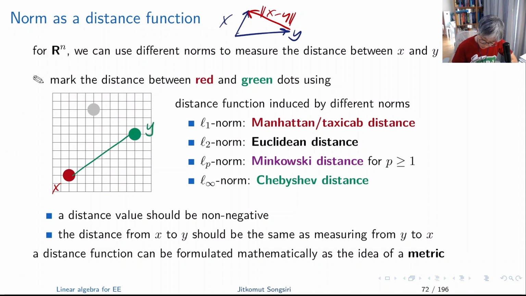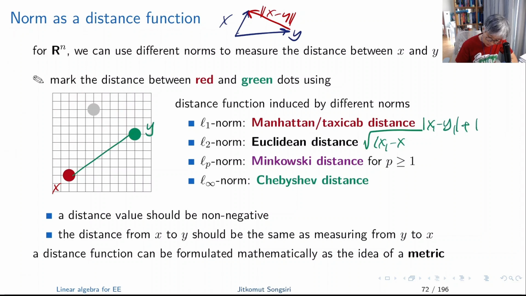So basically for the one norm, what you're going to do is measure the absolute value of x1 minus y1 plus the absolute value of x2 minus y2. For Euclidean distance, you measure x1 minus... sorry, I think I wrote it wrong. So the one norm is supposed to be, is this correct? x1 minus y1.